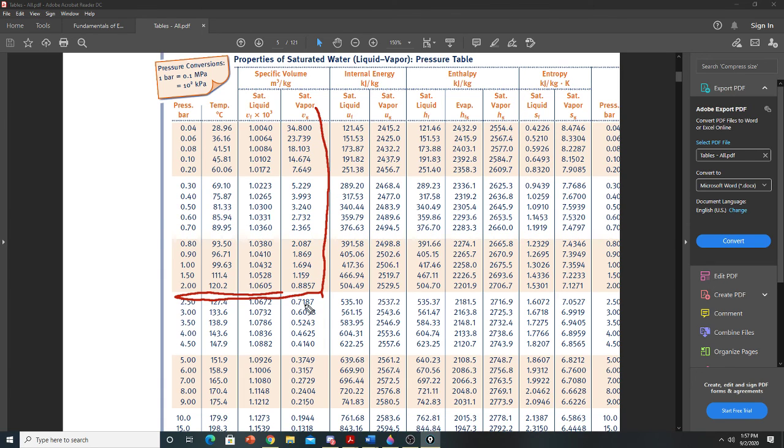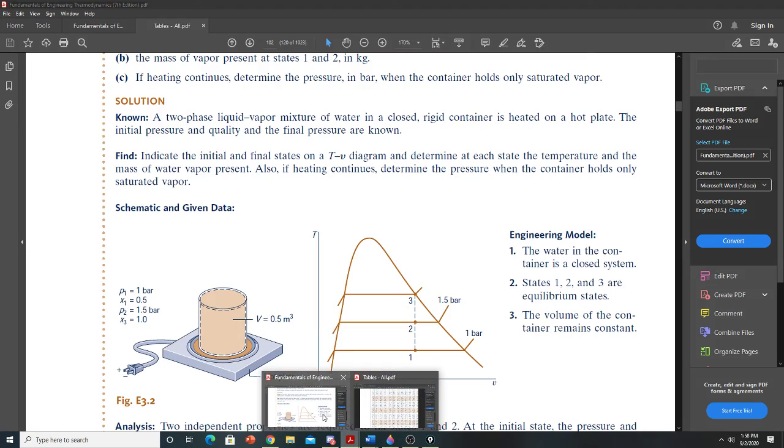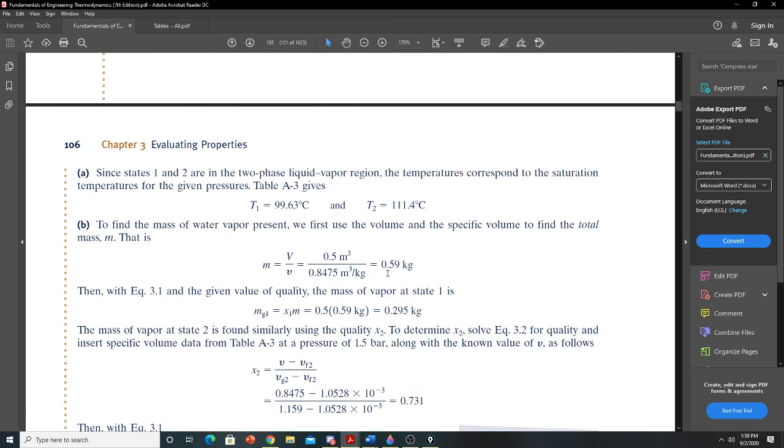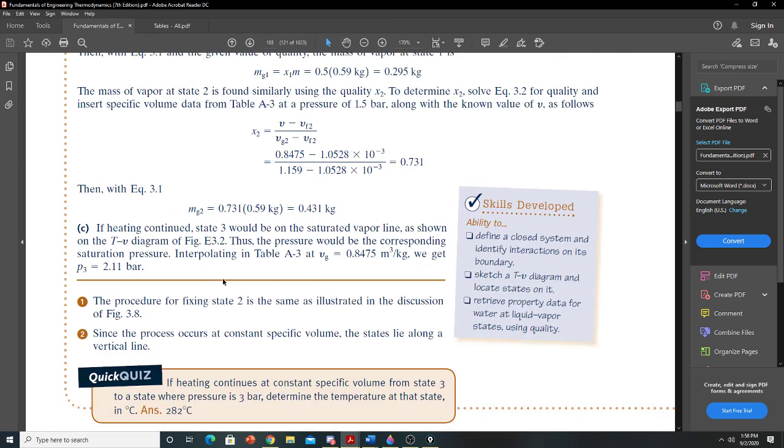Y1 is this, y2 is the other one, and then you insert your specific volume in here, and you would end up interpolating using that formula, and you would find that our value is, I'm going to guess like 2.1 or something. I don't know what they say. 2.11. Look at that. So 2.11.